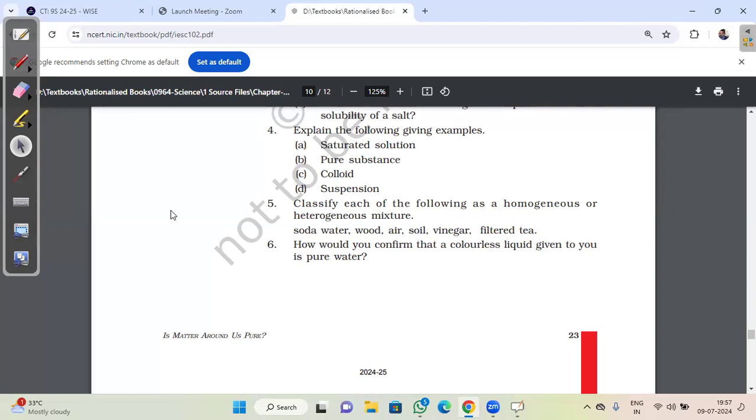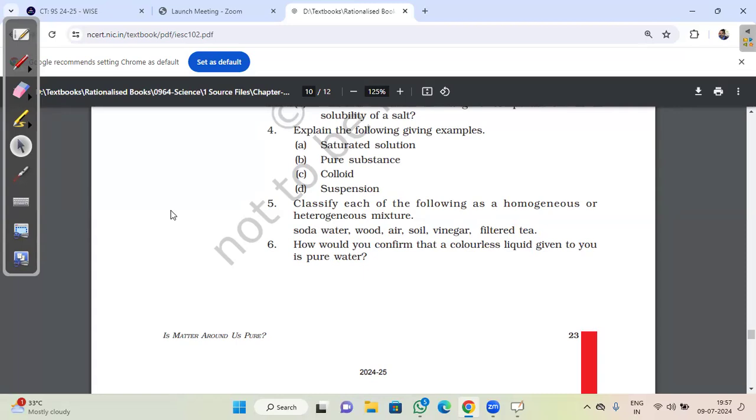You can also evaporate a little bit of it and see if there are any remains. First of all, we will check for sedimentation. If there are no particles seen, we will look for colloids using the Tyndall effect. If it doesn't show the Tyndall effect, then we are almost sure that it is pure water.